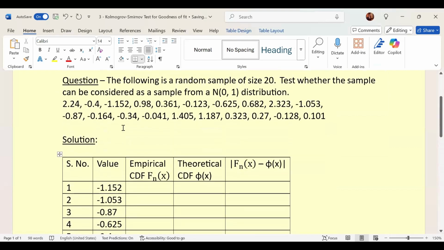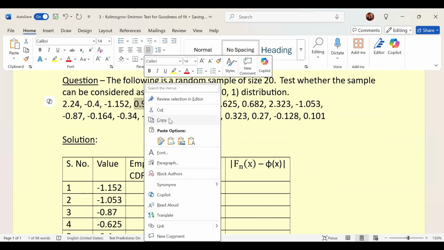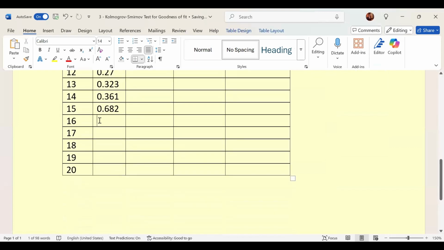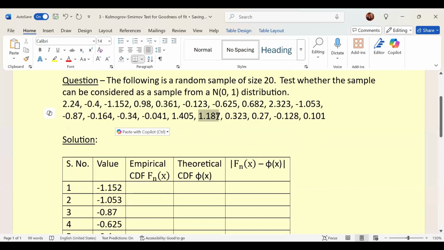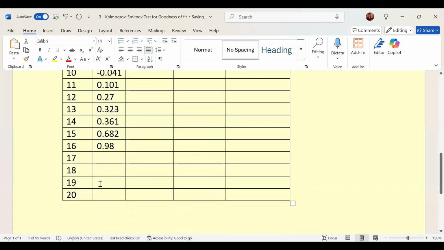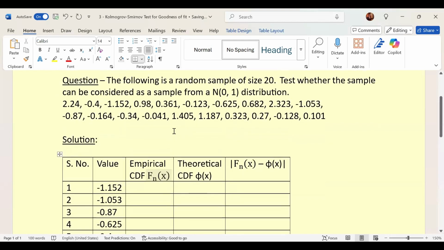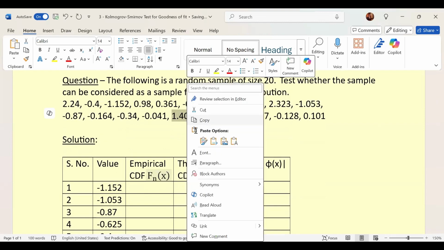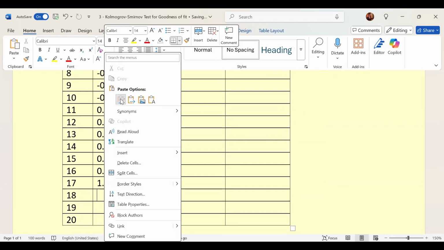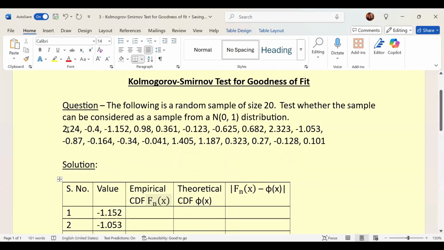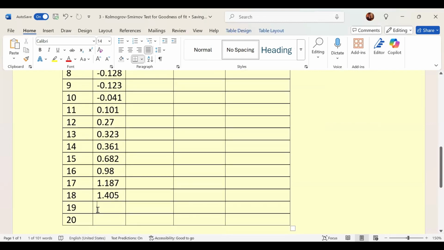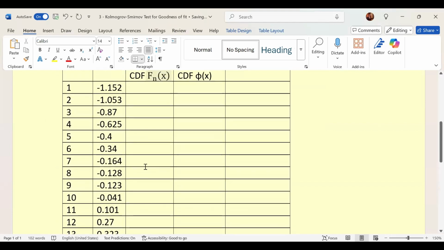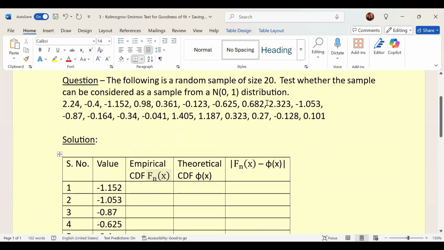Next is 0.98. Then 1.187. Then 1.405. Then 2.24. Then 2.323. That is the highest value.